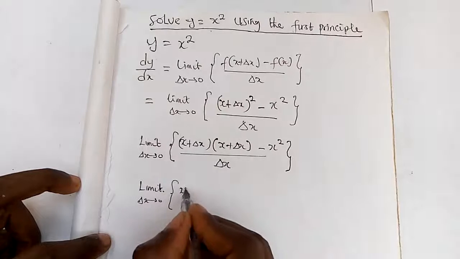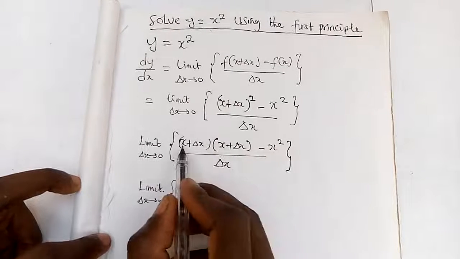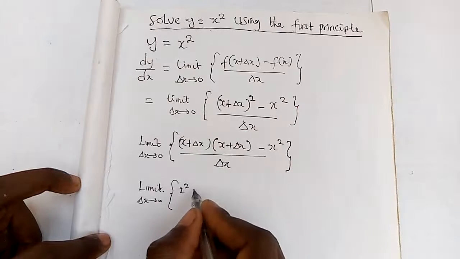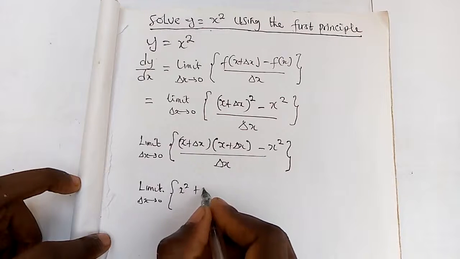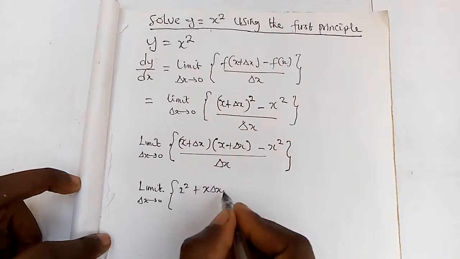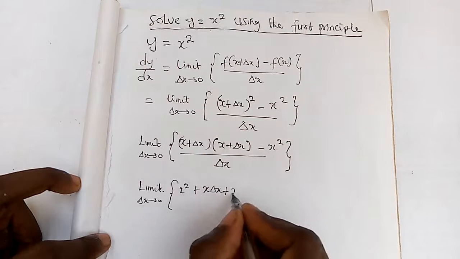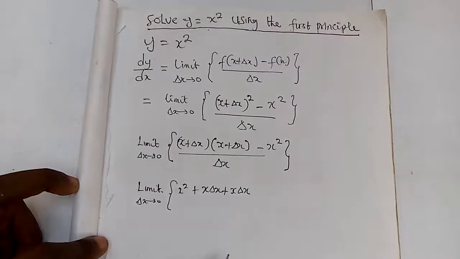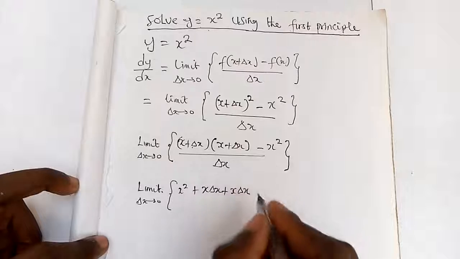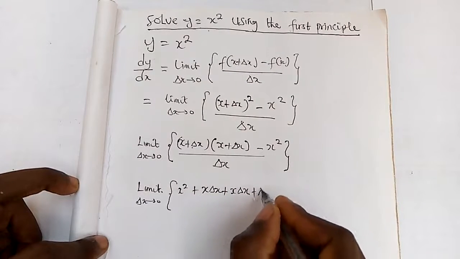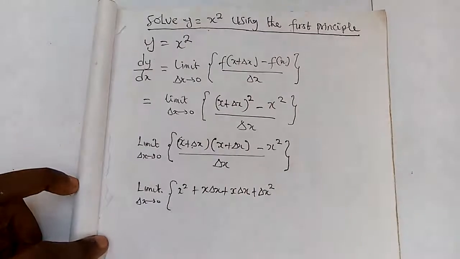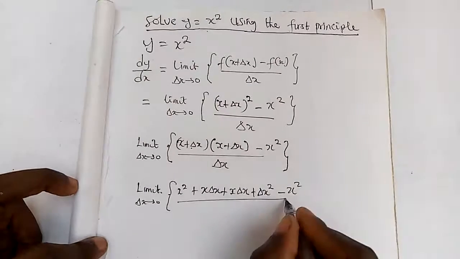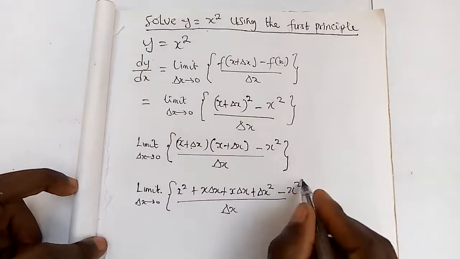You get x squared, since x times x gives x squared. x times change of x gives plus x change of x, plus another x change of x, and then change of x times change of x gives plus change of x all squared, then minus your x squared, all over change of x.